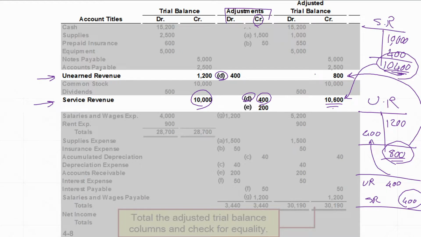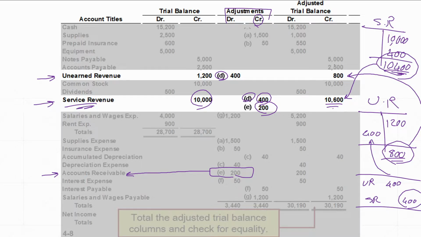The reason for that difference is because we have another adjustment here affecting the service revenue account, and that adjustment is in fact recognizing new service revenue, which is journalized in another entry. So two adjustments have affected service revenue.